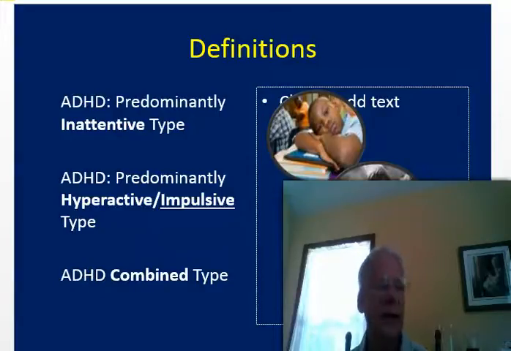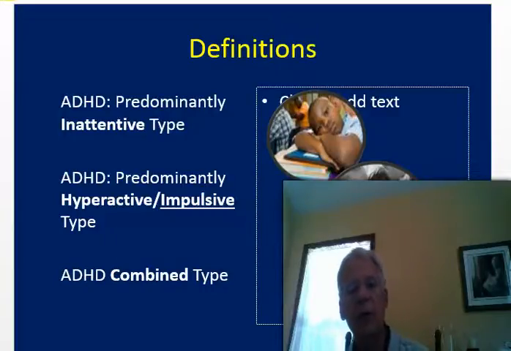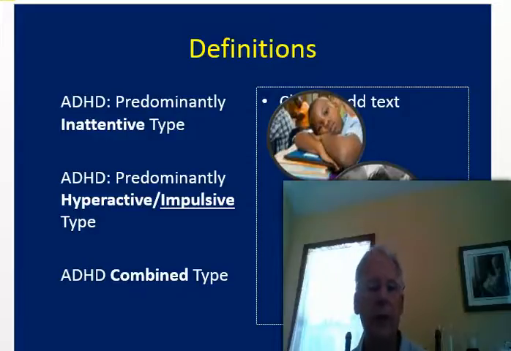We have ADHD, predominantly hyperactive or impulsive type. This is the active movement, the hyperactivity aspect of it. And then you have a condition where you have both types combined. The student may be inattentive and they may be hyperactive.